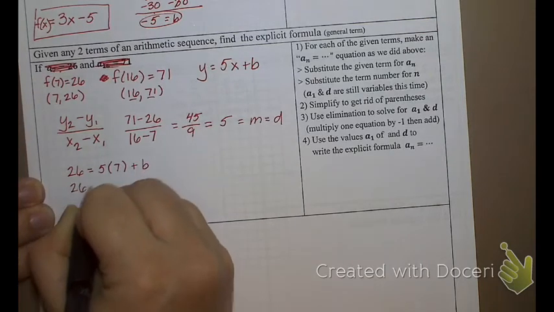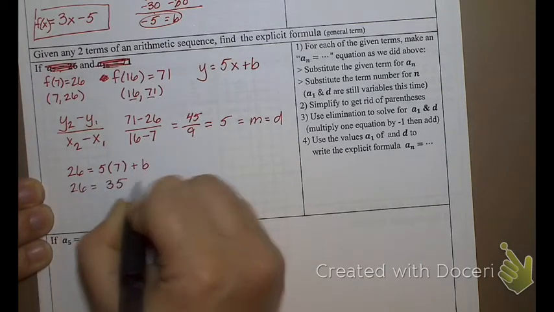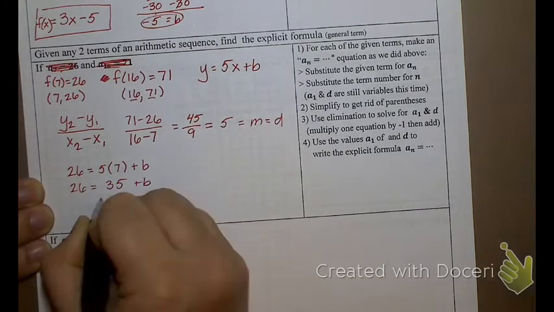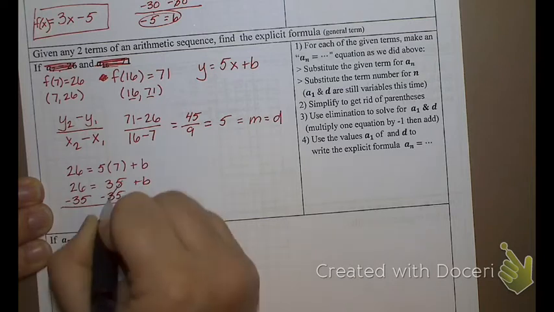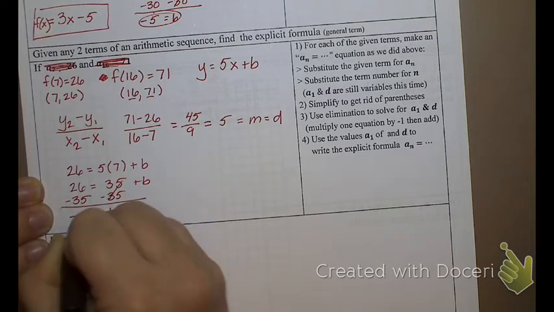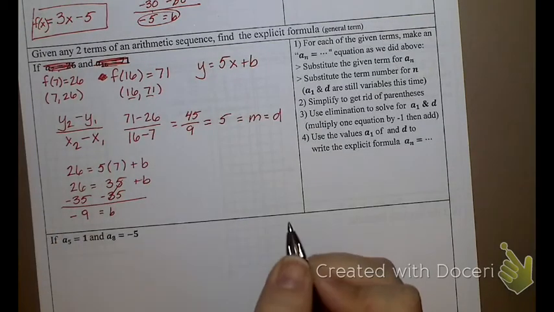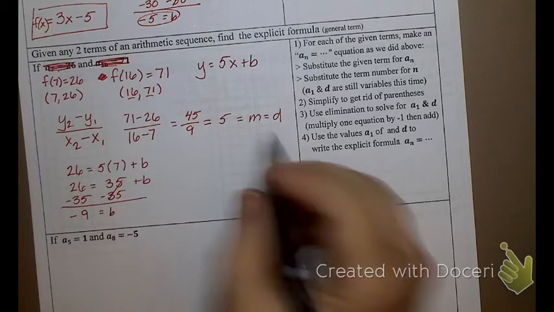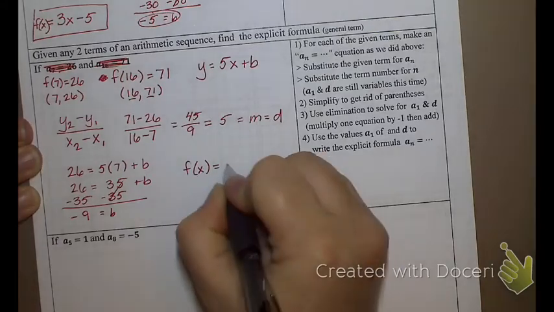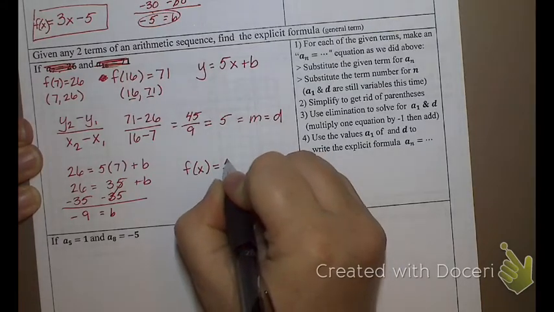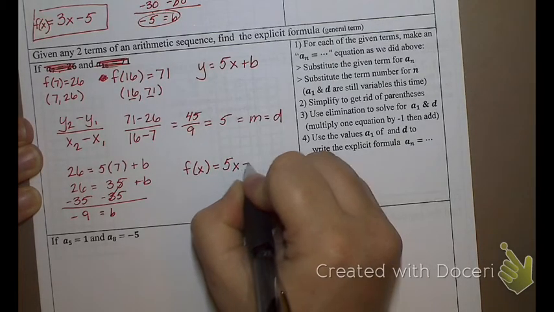So 26 equals 35 plus b. What does b equal? Negative 9. So what's my final equation? I'm going to write f of x equals what? 5x minus 9.